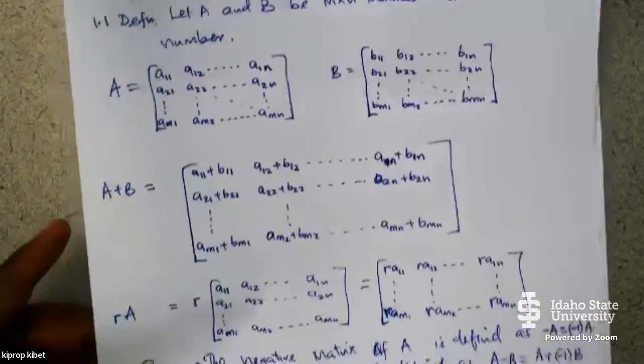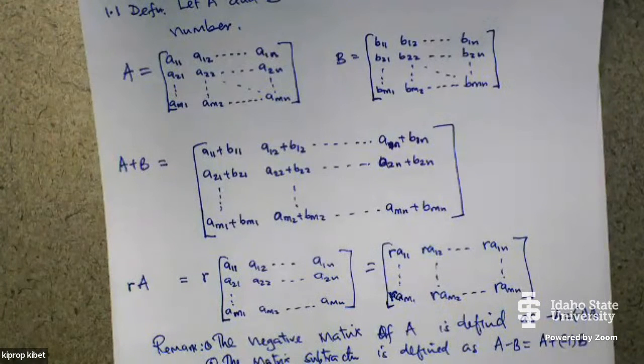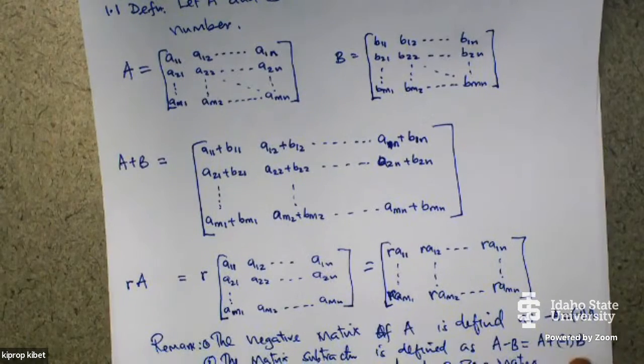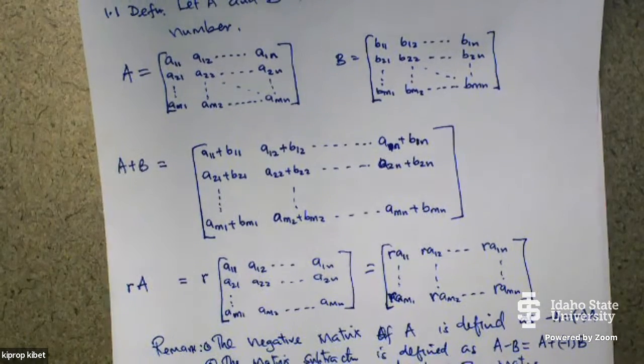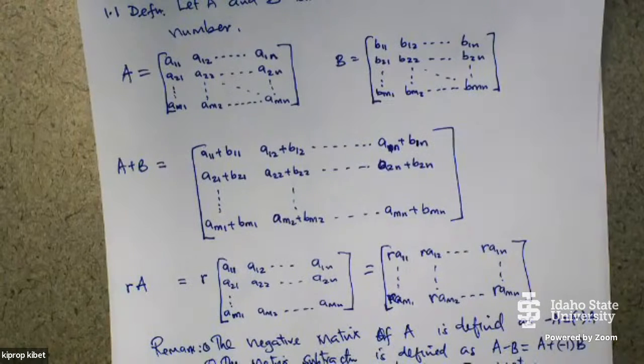The last remark, number 3: we usually use 0 to denote a zero matrix. That means all the entries are zeros.